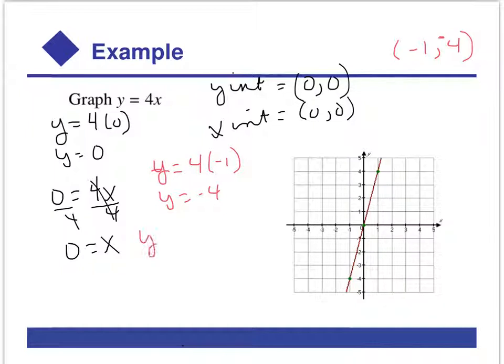And then if I let x equal +1, y equals 4 times 1, which is 4. So now my other point would be (1, 4), and we have that graphed here for us. Again, see where it crosses the origin? This time it just happened to be both because it crossed at the origin.